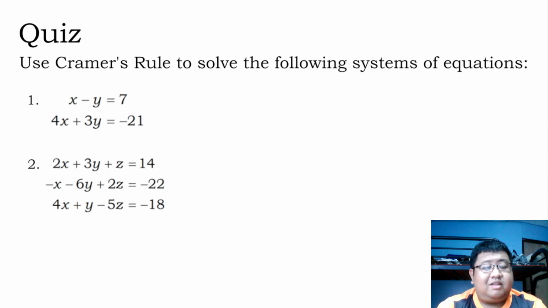And for the second system, it's a system in 3 variables. 2x plus 3y plus z is equal to 14. Negative x minus 6y plus 2z is negative 22. 4x plus y minus 5z is negative 18.